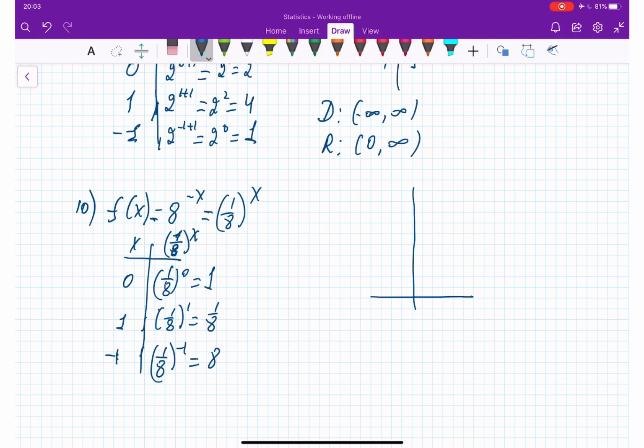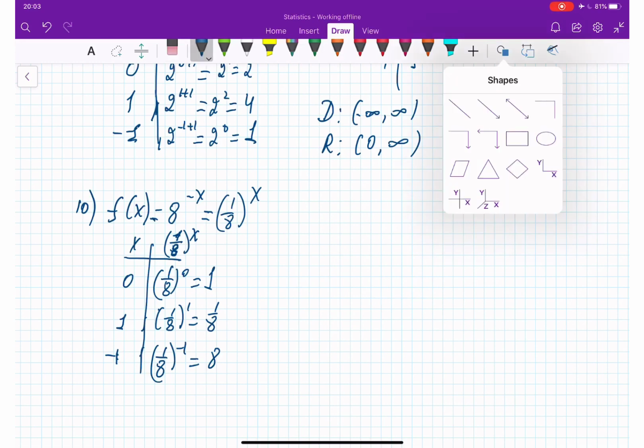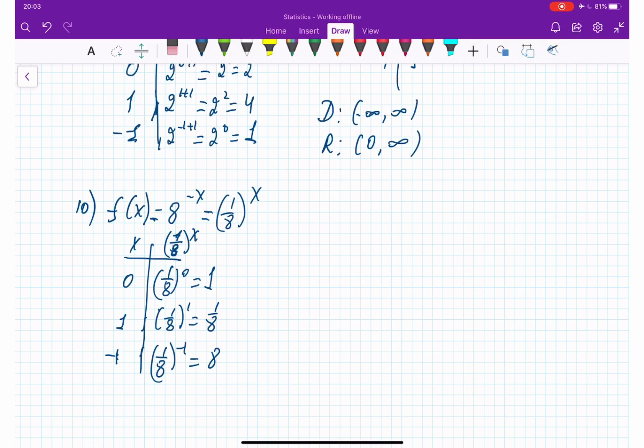All right, so let me see. Okay, x is 0, y is 1.